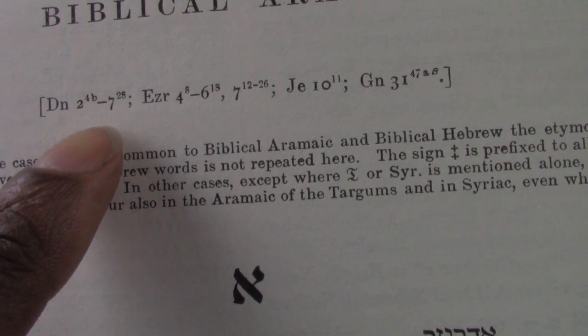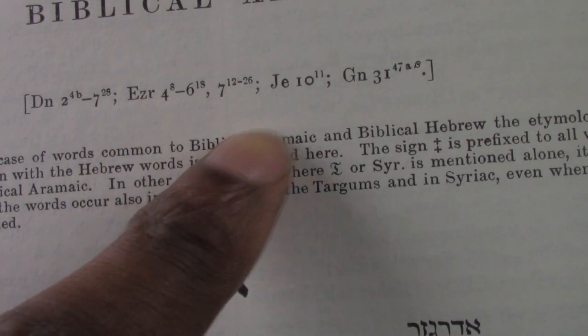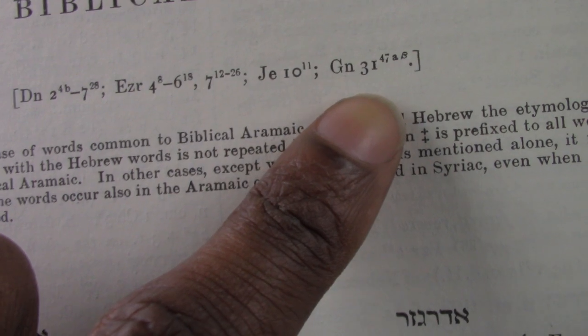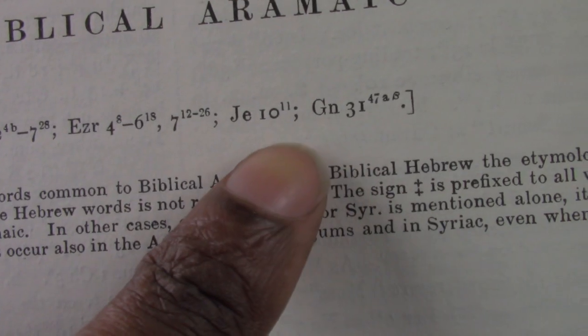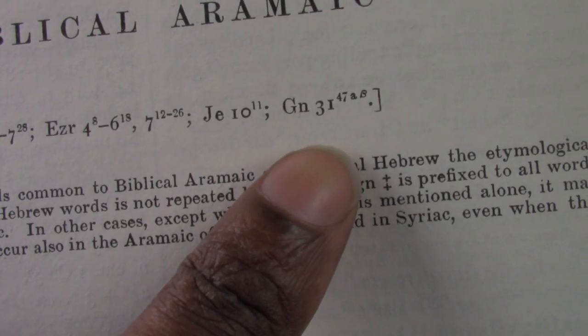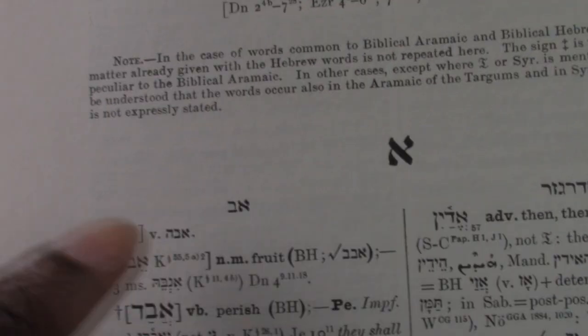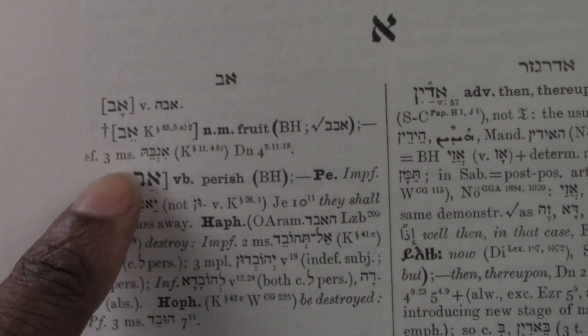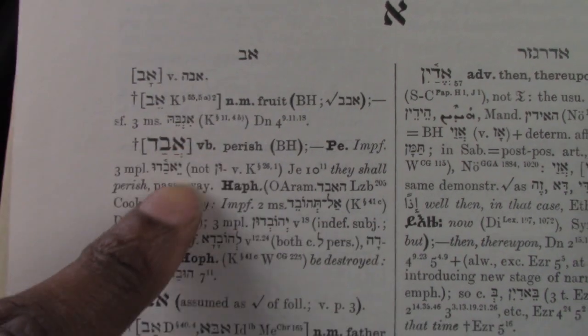I know Daniel has some Aramaic in it, and Ezra, maybe Jeremiah and Genesis. I'm not sure, I have to check those, but it's very possible that Jeremiah and Genesis use Aramaic at times. But we have the Aramaic words going in alphabetical order and so on.